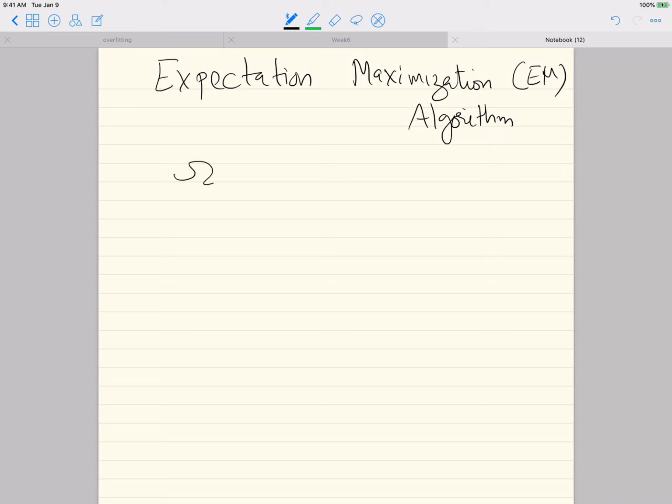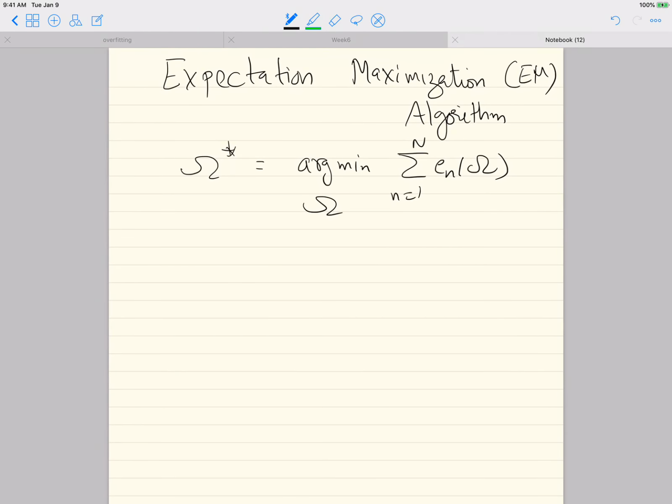And the idea is that we want to numerically minimize this expression, but not using gradient descent, using a different algorithm called the expectation maximization algorithm. So this is in some sense the generalization of the k-means algorithm that we saw last week.